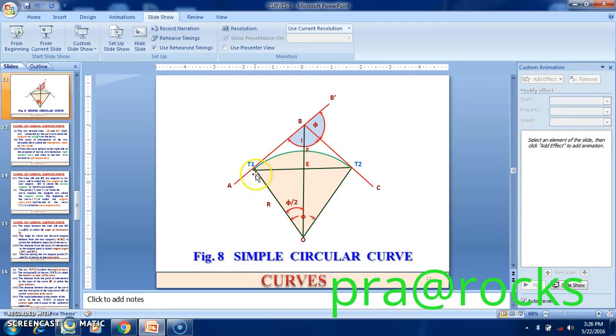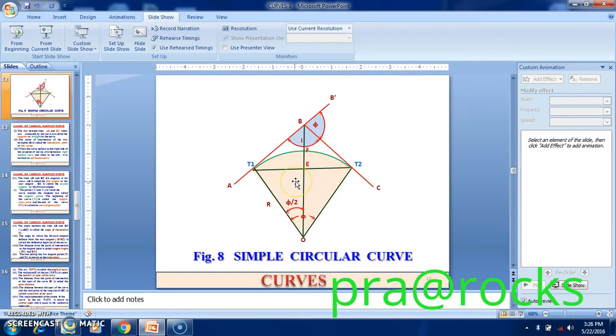Then BT1 and BT2 give the tangent length, and T1T2 is termed the long chord of the curve. Then arc T1FT2, where F is the midpoint or the highest point, is termed the apex, and this arc gives the length of the curve.